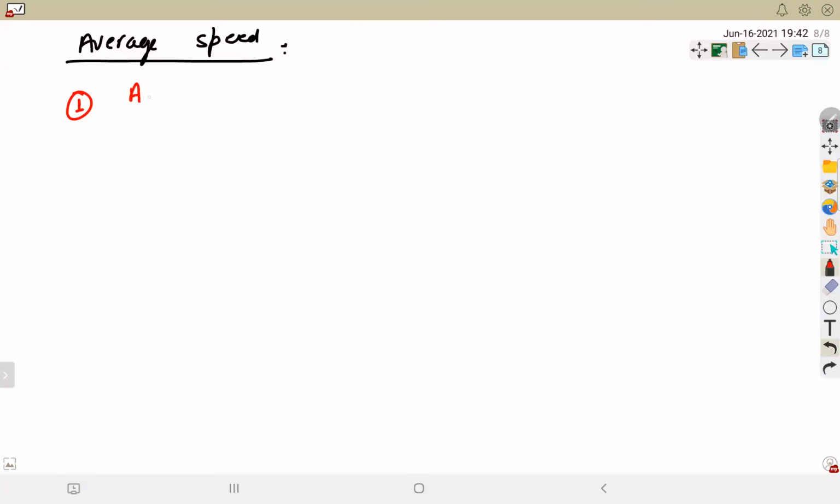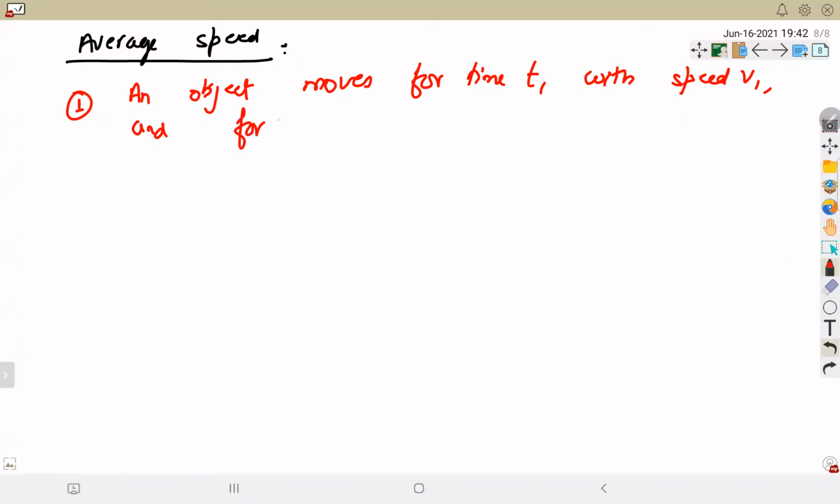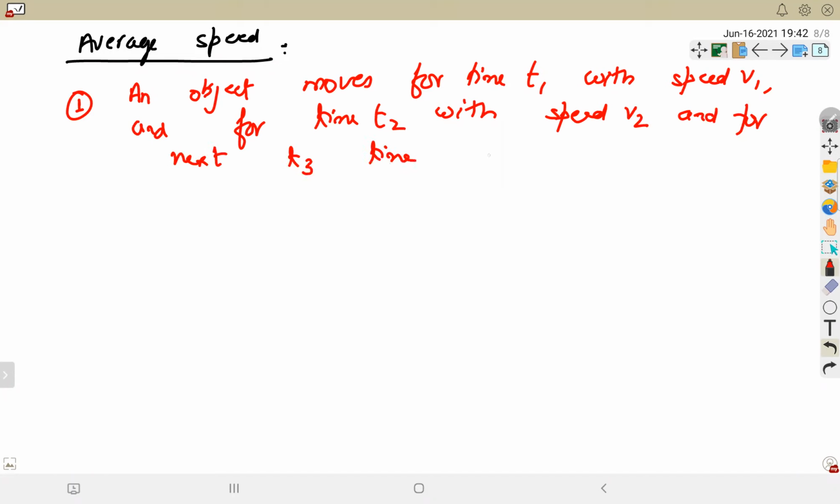Suppose an object moves for time t1 with speed v1, and for time t2 with a speed v2, and for next t3 time with speed v3.